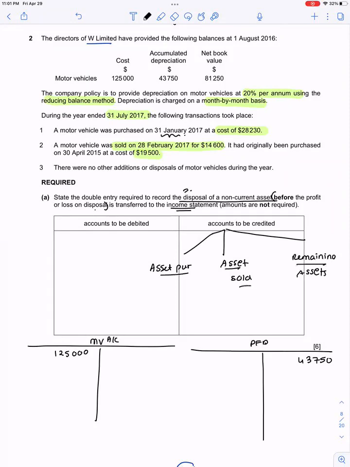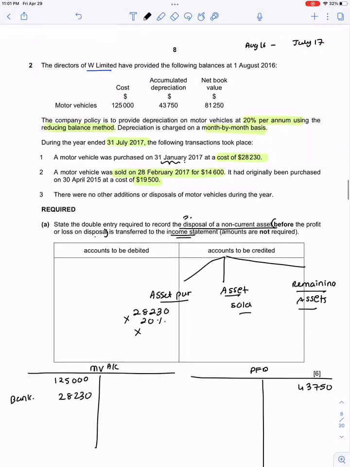What is the asset that you have purchased? 28,230. On 28,230, you will charge depreciation directly at 20% for how many months? January month we are not using. 6 months: February, March, April, May, June and July.